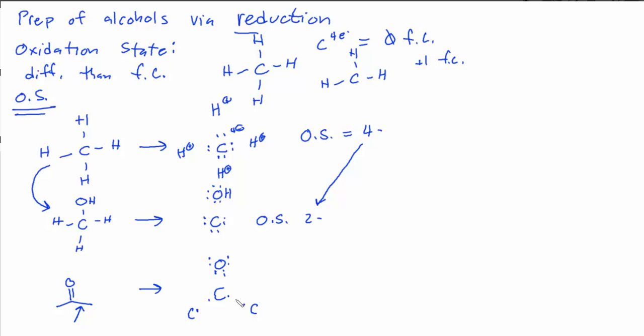Now we're focusing on this middle carbon here. We're going to do the same thing on acetone, even though there's more than 1 carbon. Now we have 2 electrons around our central carbon. Normally it likes 4, so in this case the oxidation state is 2+, where it only has 2 electrons around it instead of 4. And that comes from the extra bonds to the doubly bonded oxygen.